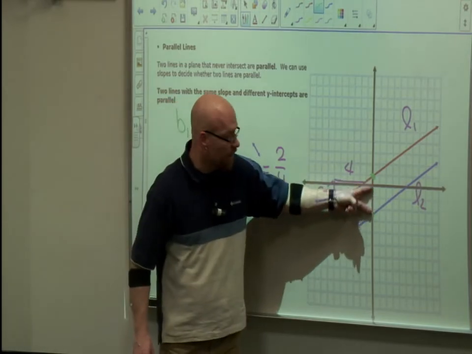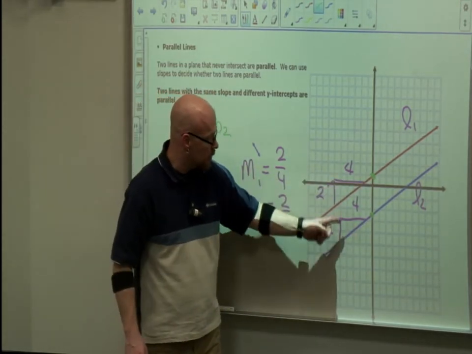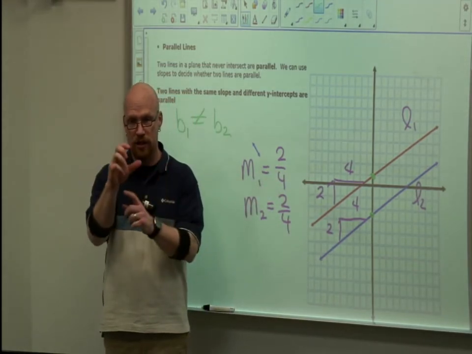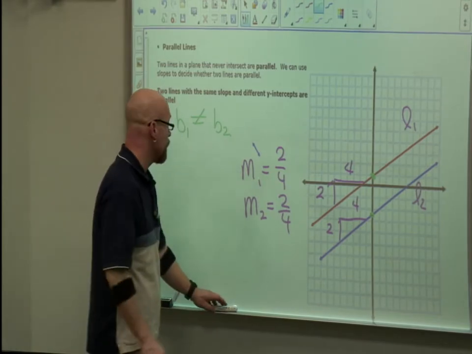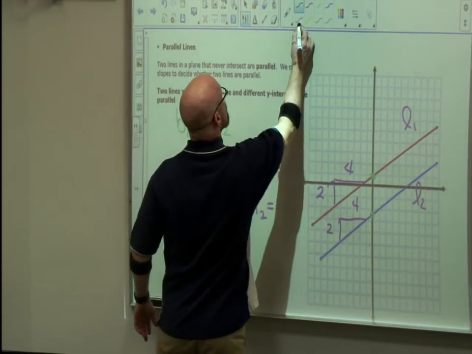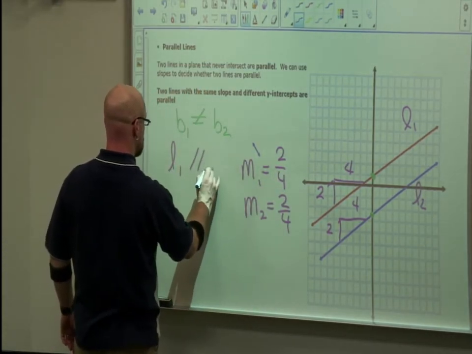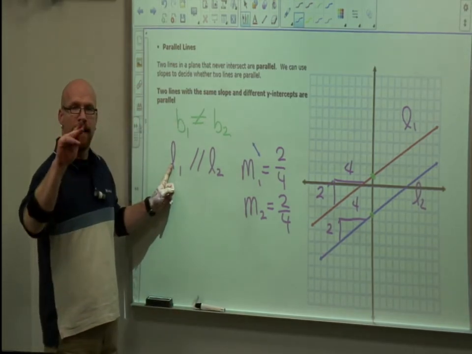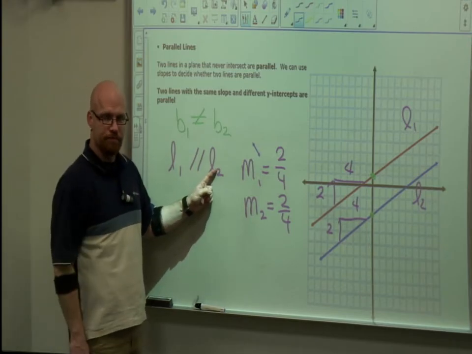So these two aren't equal, don't match. Those two, the slopes, do match. So we can say L1, line 1, is parallel to line 2.